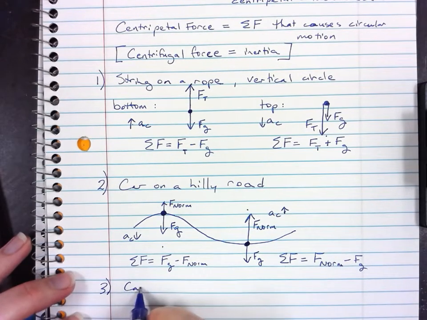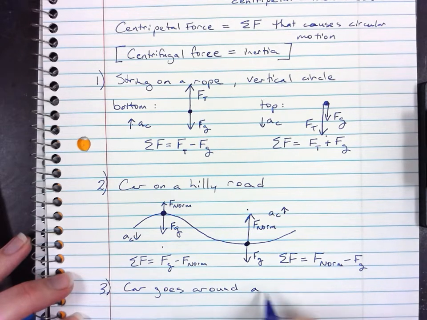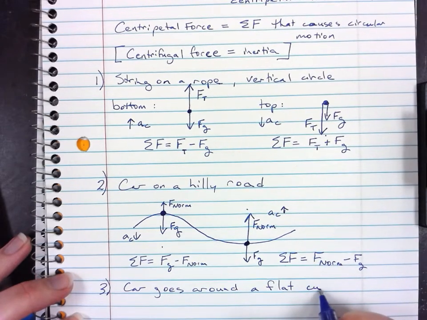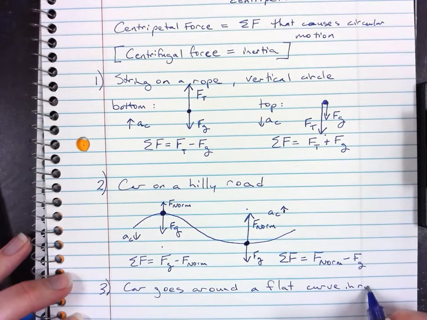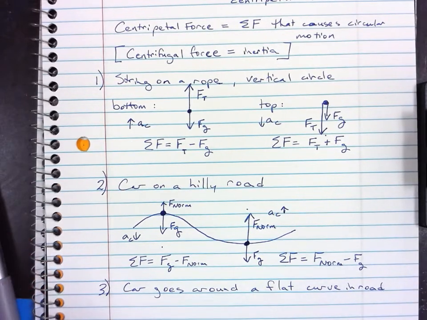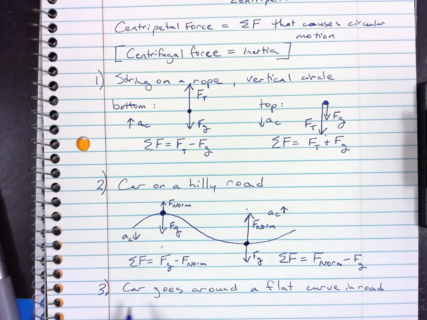Now, if we have a car that goes around a flat curve in the road, if you draw it from the top, you can't put gravity in it because then gravity would be into the page and normal out. So we usually do, if we have a car that's traveling along a road, we look at it from the side, from the front.